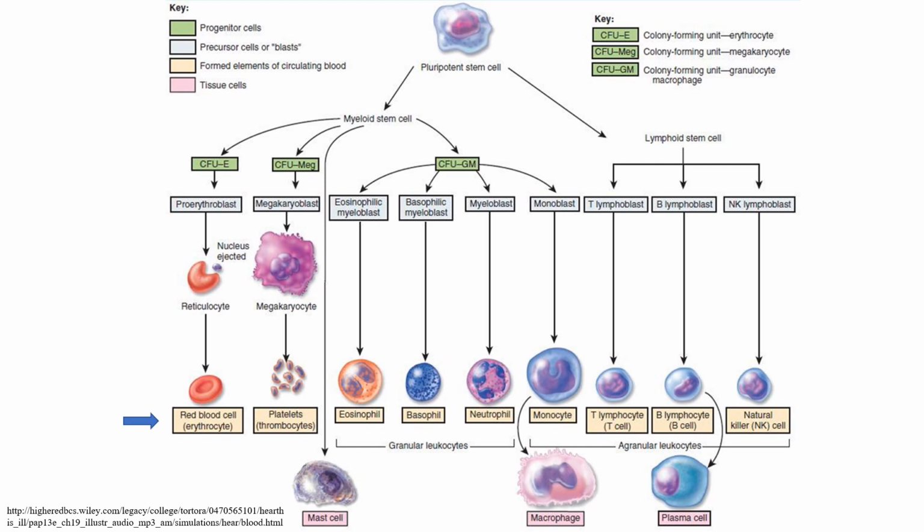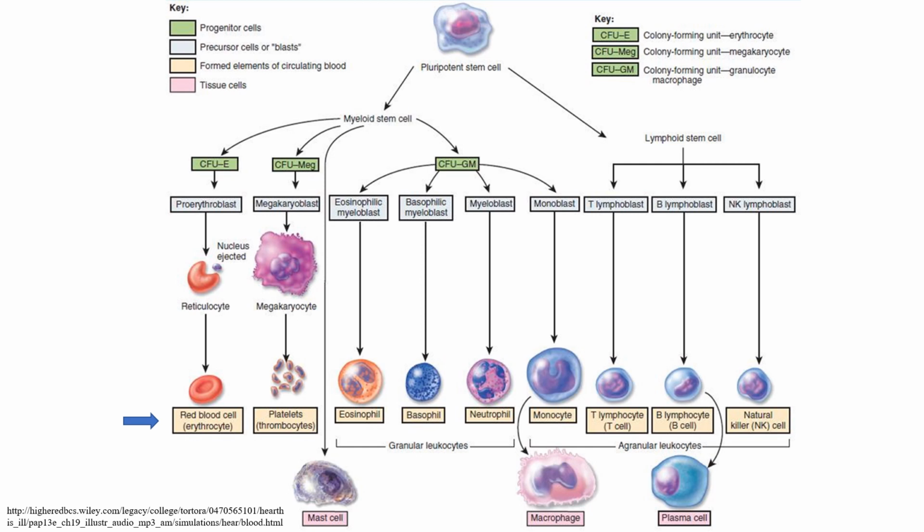So just to maybe clarify a little bit more here, I'm just going to explain one part of this graph. We start with this pluripotent stem cell. And pluripotent stem cells, if you remember, are great because they can become any type of cell.